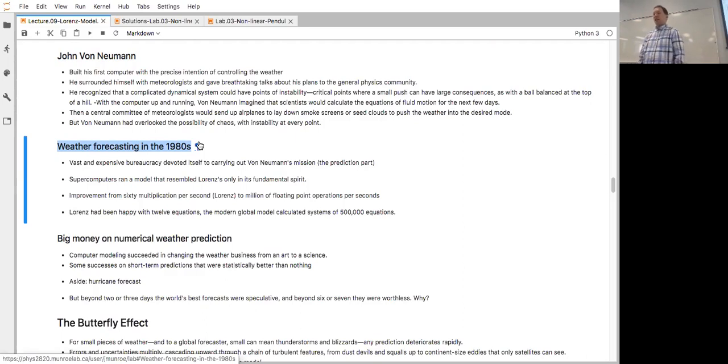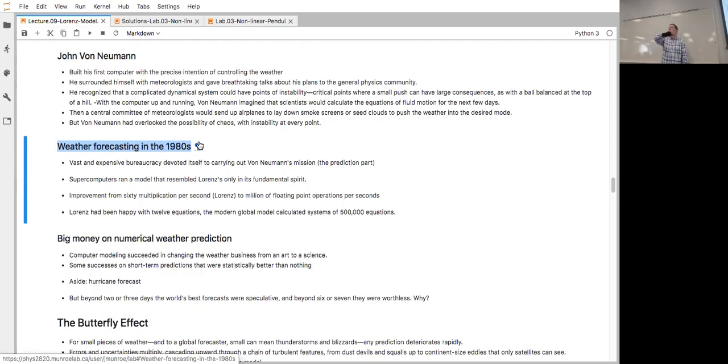Big money was being spent on numerical weather prediction. Computer modeling has succeeded at changing the business of weather prediction from an art, something that a technician could do, to a science. And there were successes in short-term prediction that were statistically better than just flipping a coin, right? So you could talk about hurricane forecasting. You just finished hurricane season.